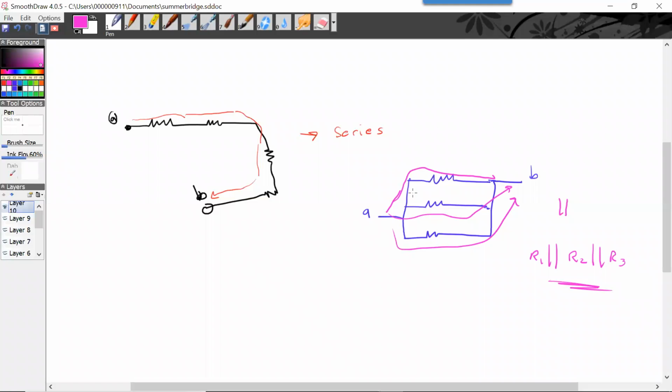All right. So if you see a series connection, you just sum them up. Or we could use impedances, Z1, Z2, Z3, all the way up. And if they're in parallel, you have 1 over, I'll do this in impedance, Z1 plus 1 over Z2 plus ... 1 over Zn.